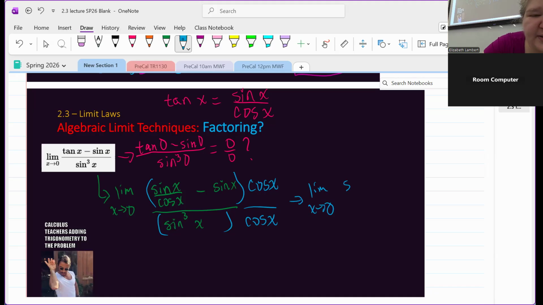So we end up with sine x minus sine x cosine x all over sine cubed x cosine x.